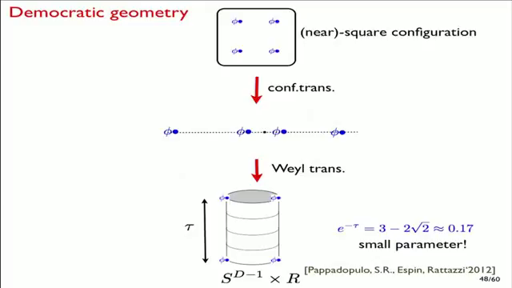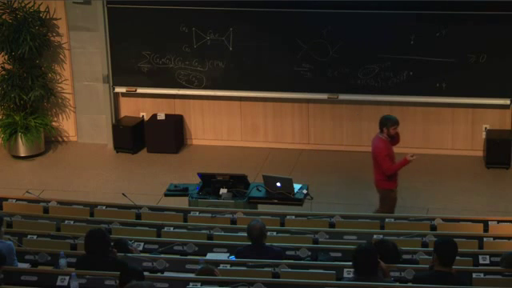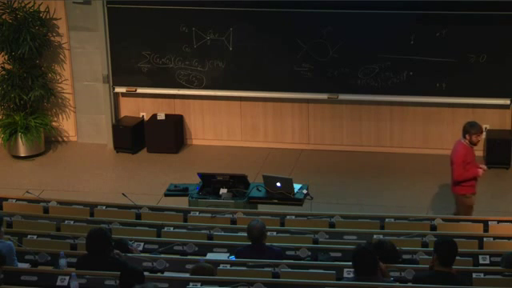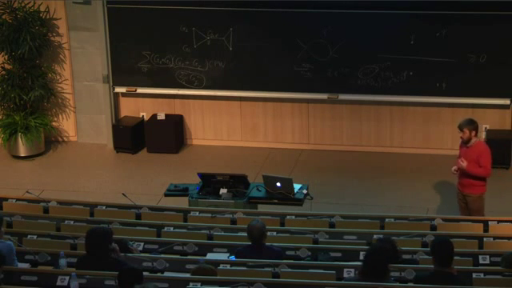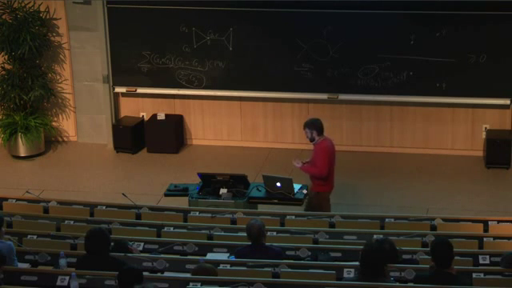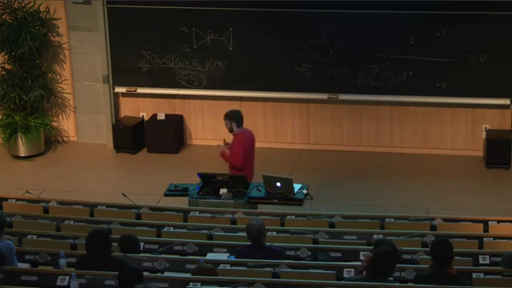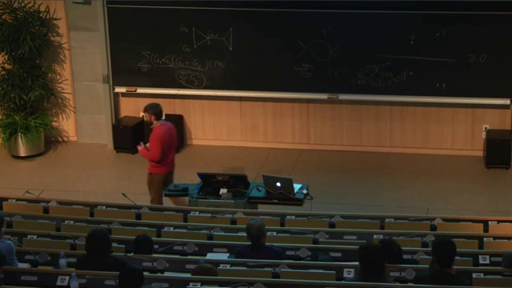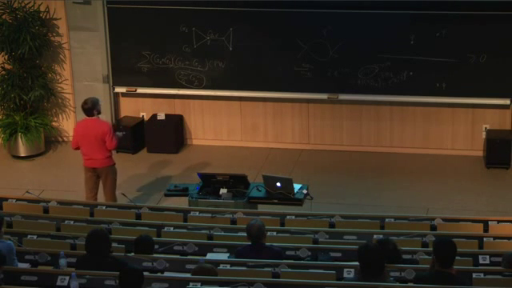Because at this symmetric point, if you take the OPE phi of x, phi of minus x, then the first term of the OPE is O of 0, and the second term is at second order in x, just because of symmetry. And so the contribution of the primary is always going to dominate. This is the first thing. And the second thing is that the contribution of the primary is actually very easy to understand.